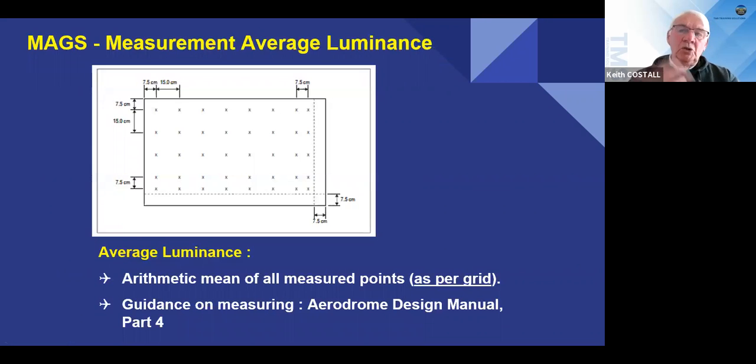How do we measure luminance, the average luminance? We have a grid system, and I think all of us will be familiar with the grid system associated with isocandela diagrams.